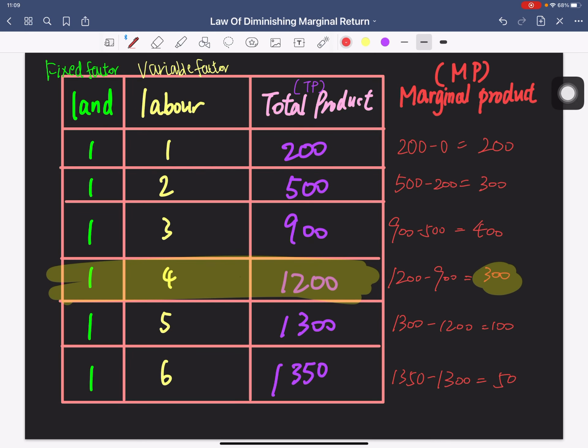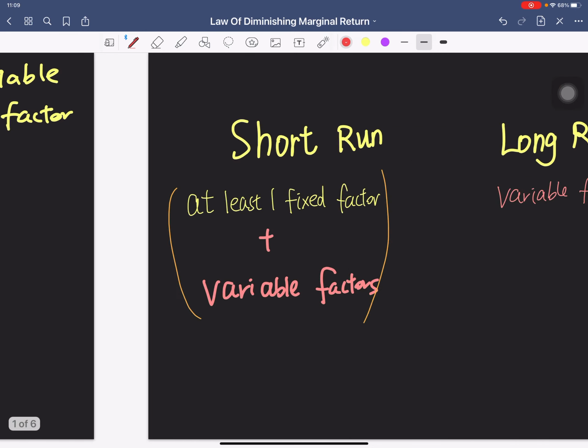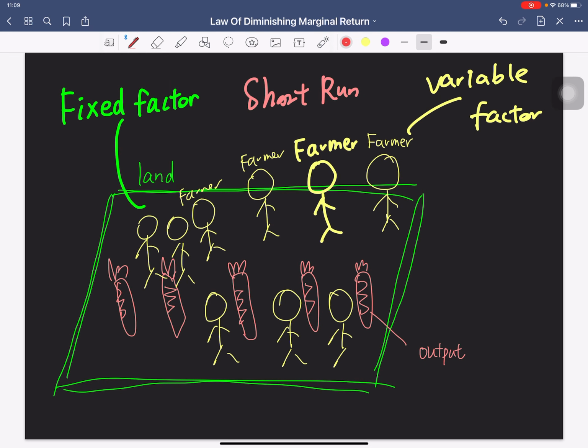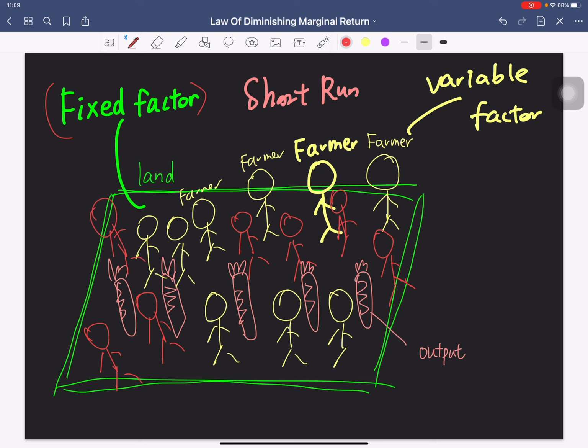Why do we have this strange phenomenon? When we go back to our example here, you can imagine, because the land is fixed, when you keep adding more and more farmers, somehow the land will be packed, so they don't have the place to move around, or it may not be efficient anymore. If you add too many farmers, it is not going to help us grow more output. Maybe you add one additional farmer.